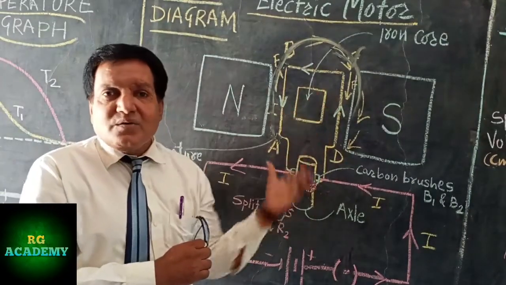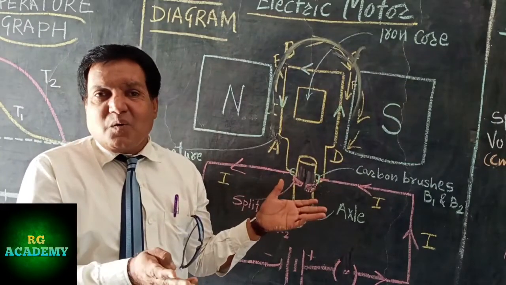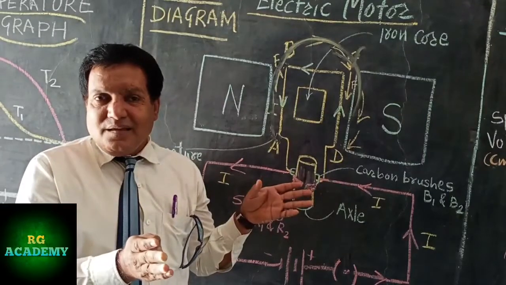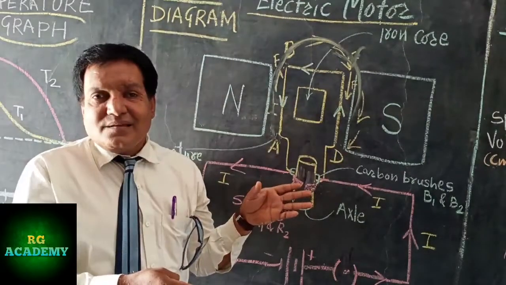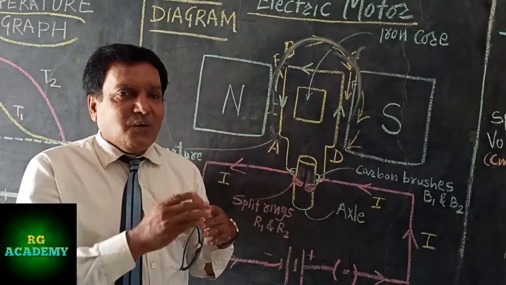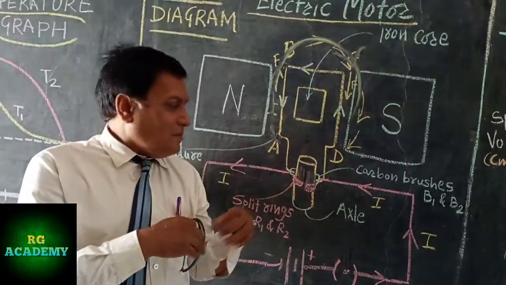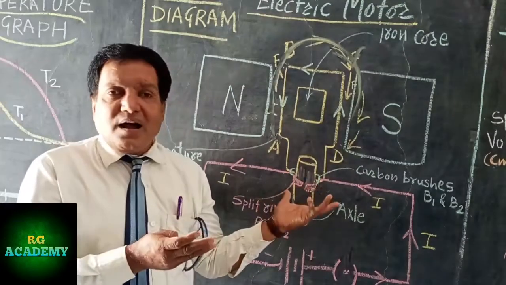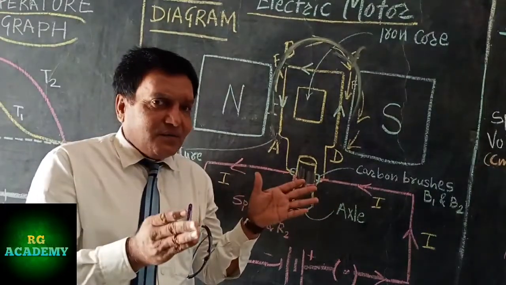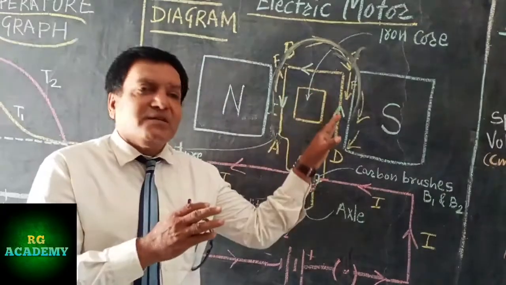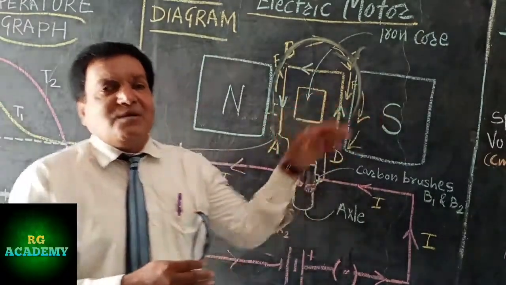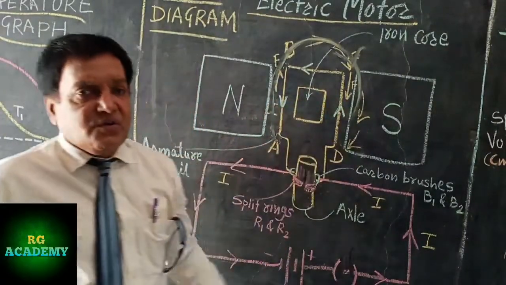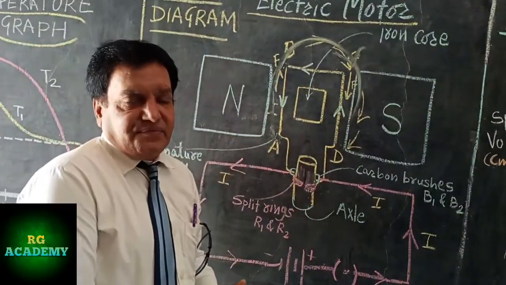Now no current is flowing through this coil. We know that when the circuit is open, current will not flow, and when the circuit is closed, current will flow. So when the contact between the carbon brushes B1, B2 and commutator split rings R1 and R2 is broken, the circuit will be open. No current will flow through this coil, but the armature coil will still keep rotating. It will not stop due to the inertia property.